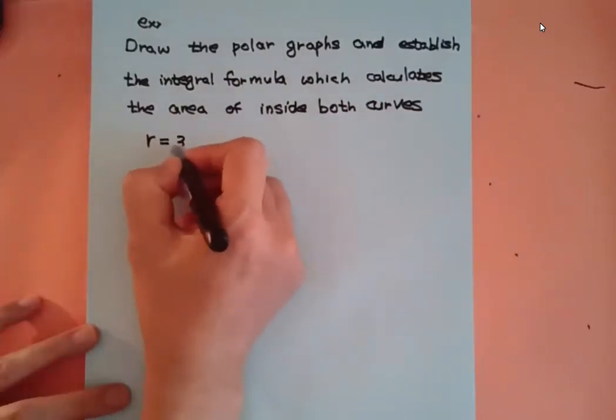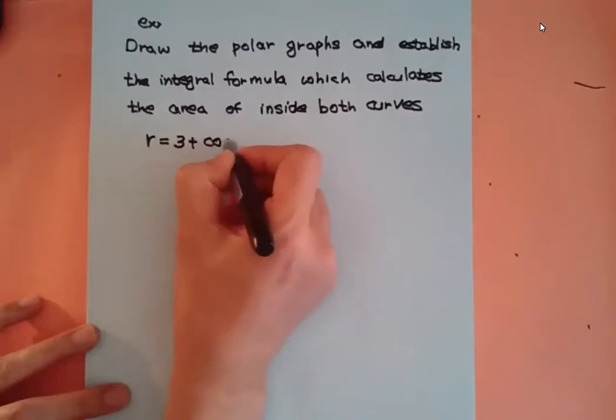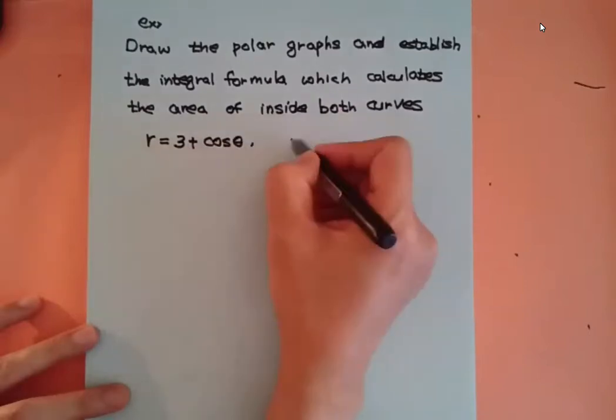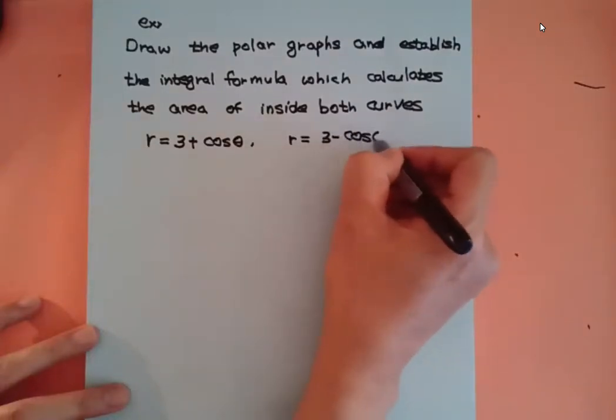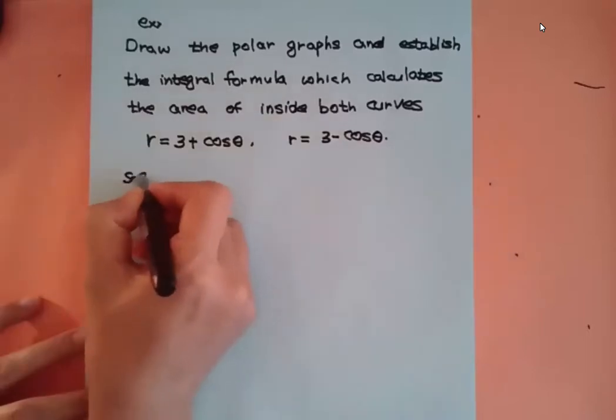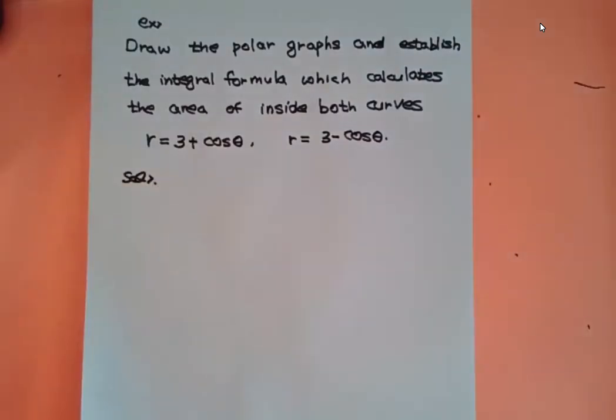The first one is r equals 3 plus cosine of theta. And the second curve is r equals 3 minus cosine of theta. So in this problem, we have to figure out two graphs, and then we will have to figure out the area inside of those curves.